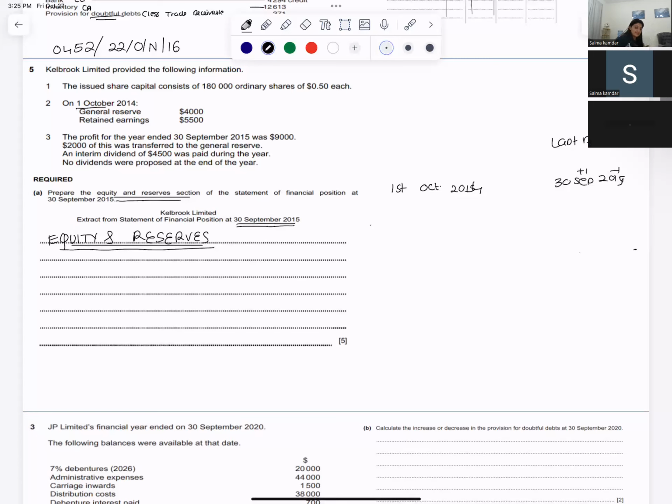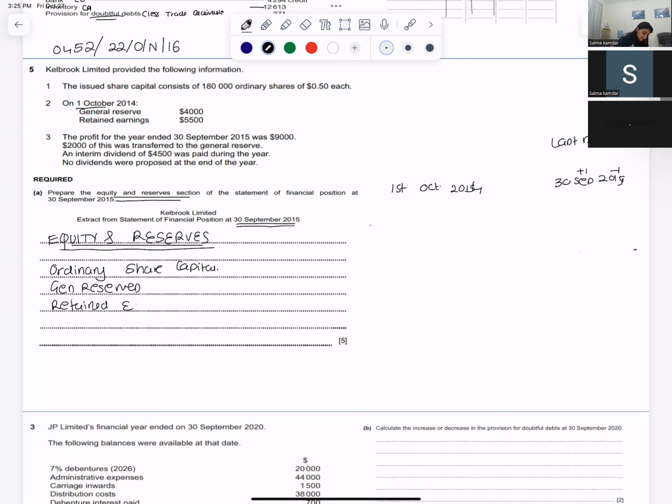When I write equity and reserves, the first thing, what will I say? I will say ordinary share capital. And I can also see general reserves and I can also see retained earnings.